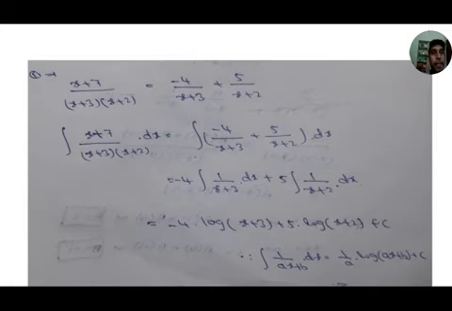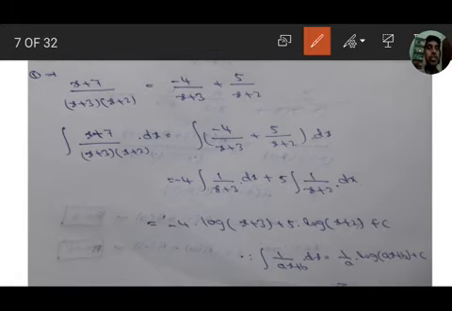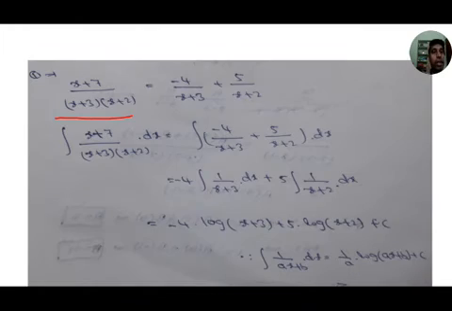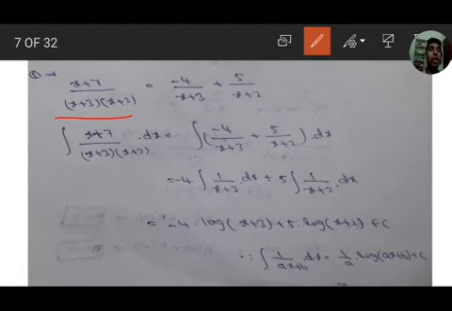We get integration x plus 7 by x plus 3 into x plus 2, with a equal to minus 4, b equal to 5, that is minus 4 by x plus 3 plus 5 by x plus 2.